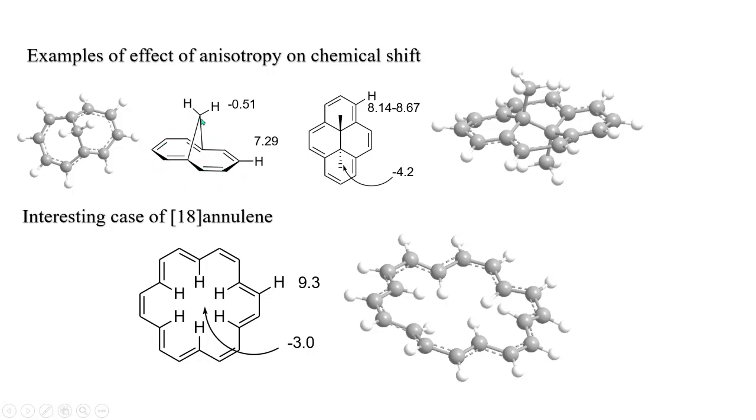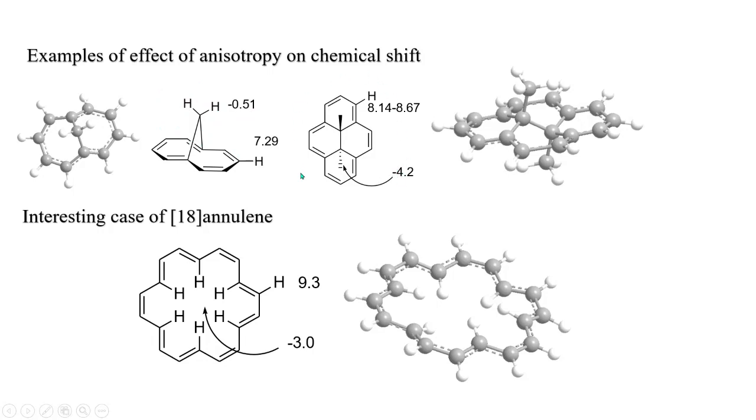So these two protons will be in the shielding zone and this proton at the terminal end will be in the de-shielding zone. So that's why this delta value will come at 7.29 at this end, which is the de-shielding zone, and minus 0.51 at the shielding zone.